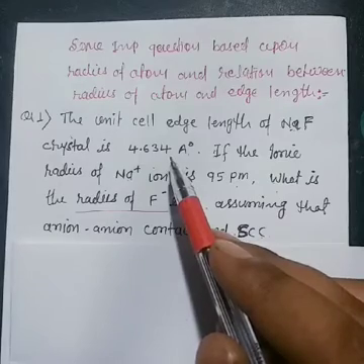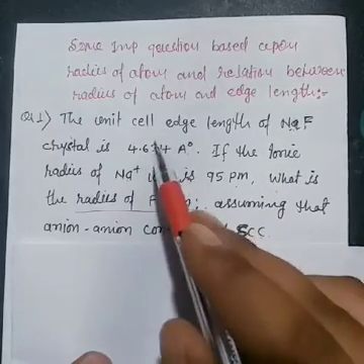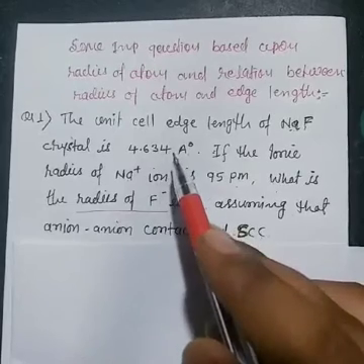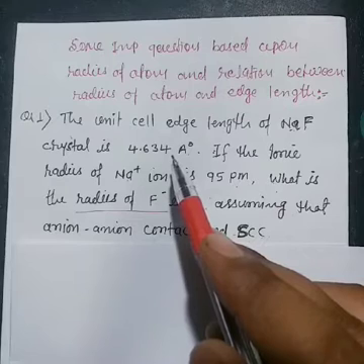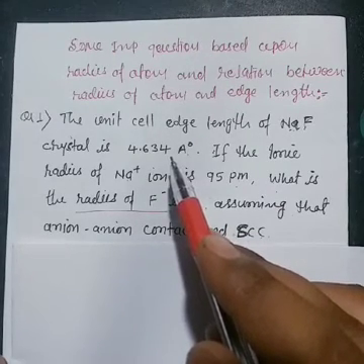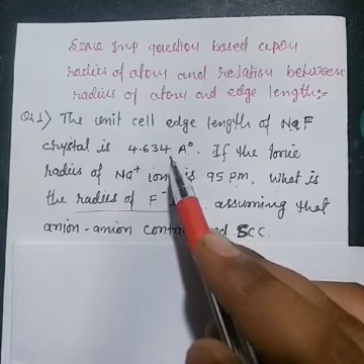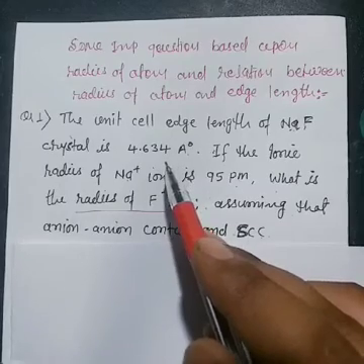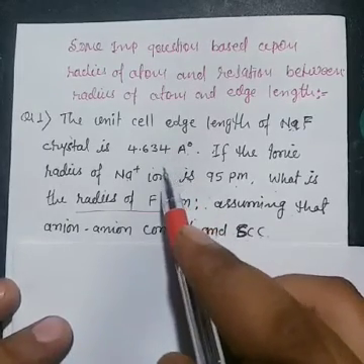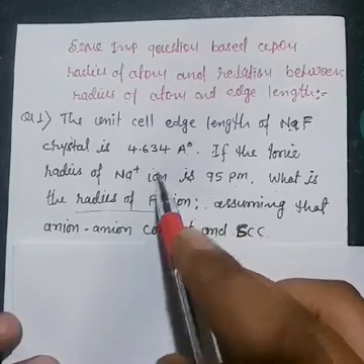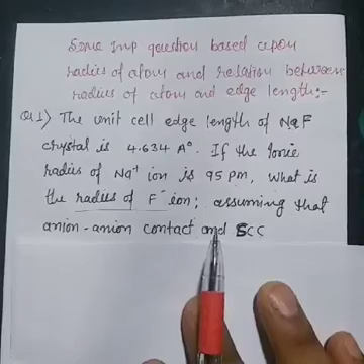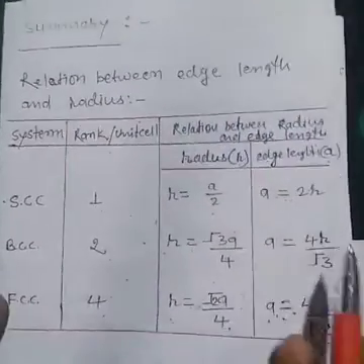Many questions mention BCC, SCC, FCC, but in this type of question they do not mention any kind of information. Now we will mainly assume SCC. So here are the important facts.